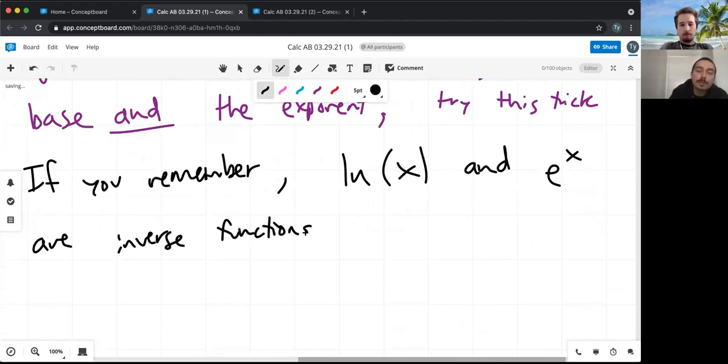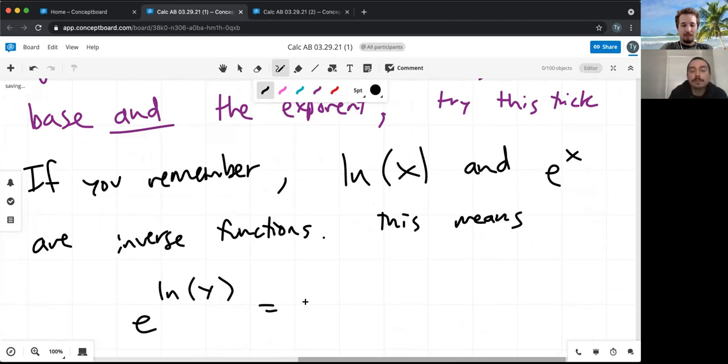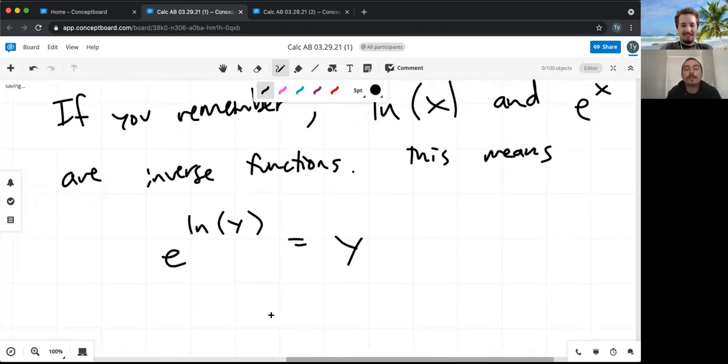This has the nice property that when we do e to the natural log of some value y, they cancel out, because of this inverse relationship. Okay, this is the key to the trick.